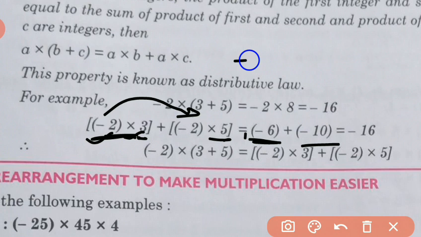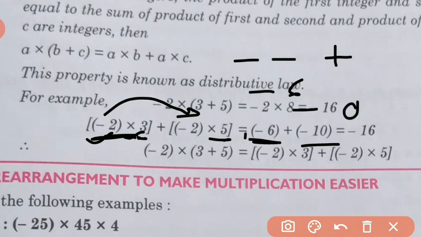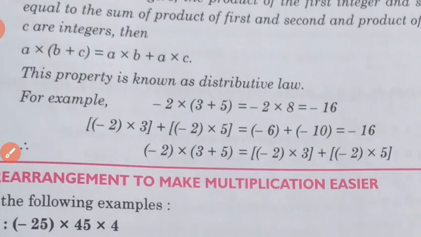If you open the bracket, it will come as minus 6 plus of minus 10. So minus minus becomes plus, 6 plus 10 is 16, and the answer will have a minus sign. So you can see that in both the conditions we get the same answer, minus 16.